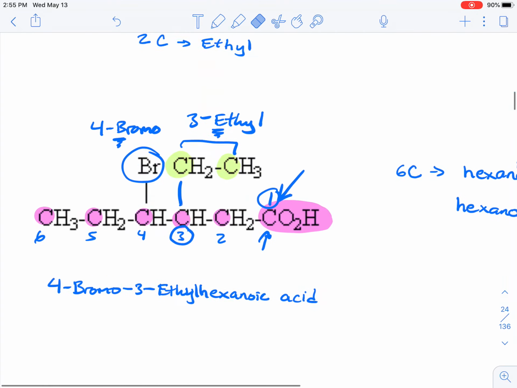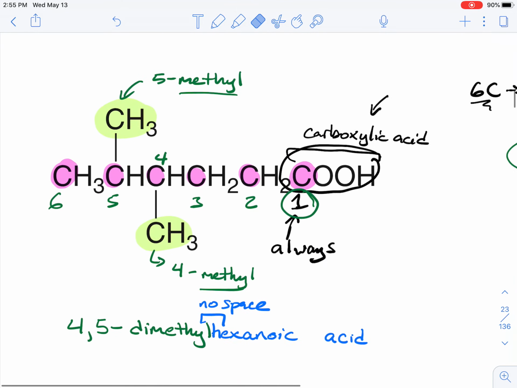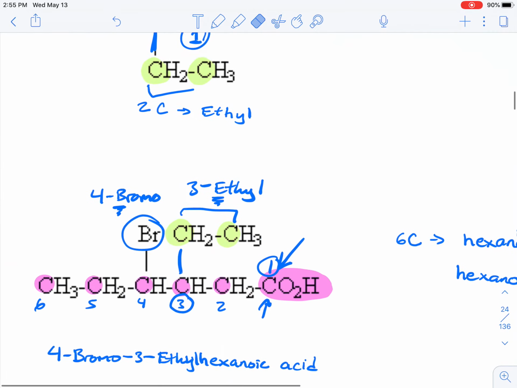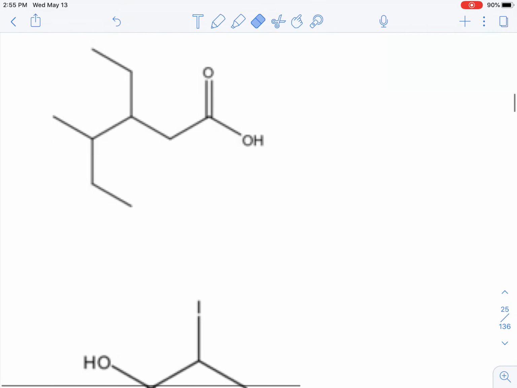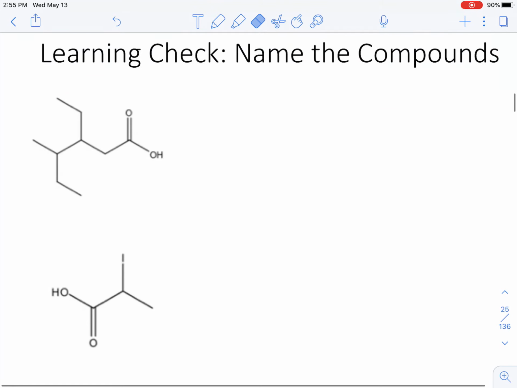So in the past few examples, you've kind of just seen these carboxylic acids in either an expanded or condensed structure. So let's go ahead and look at how we would name these carboxylic acid compounds through the skeletal structure.